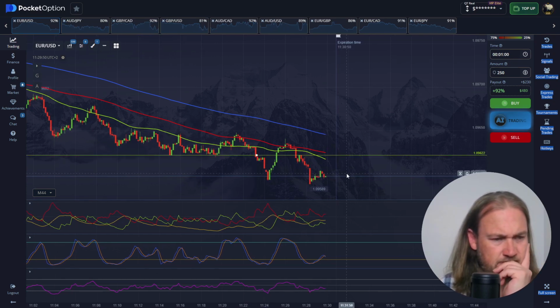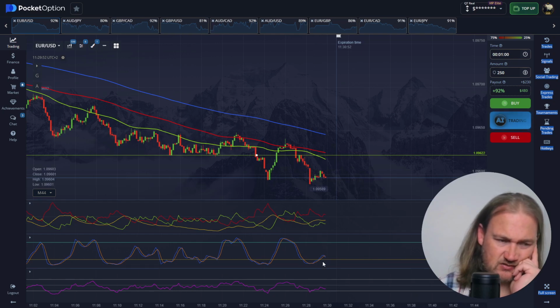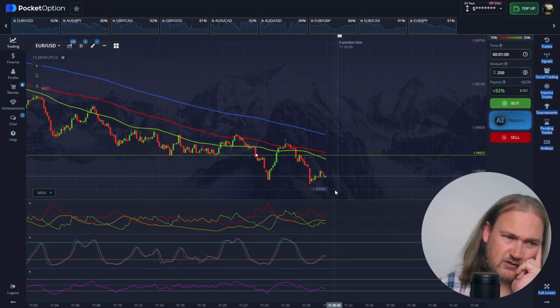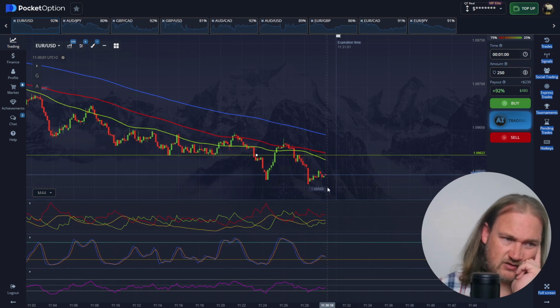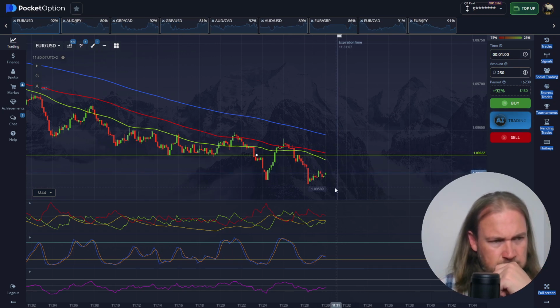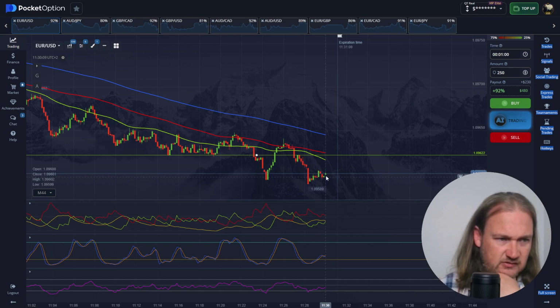Roughly. Might get some divergence, might get a stochastic jump, that little jump from the stochastic here. Maybe. For that, price needs to come down to roughly there, and the stochastic needs to not. But it's not happening either.